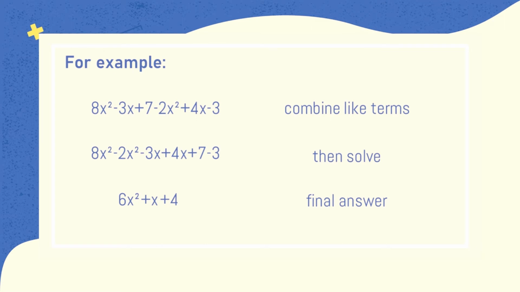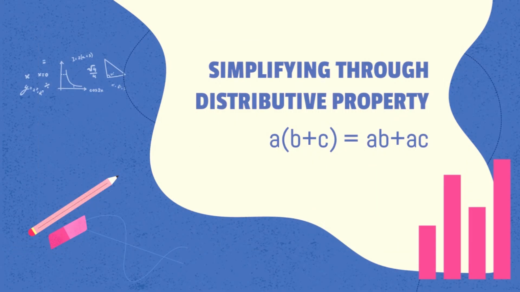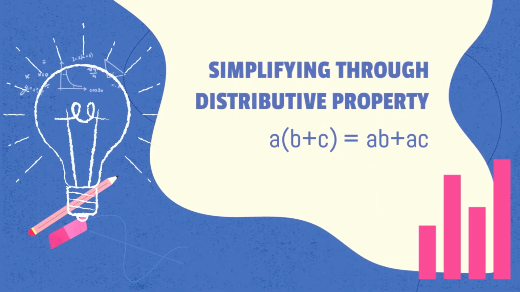Sometimes there will be a set of parentheses that makes simplifying an expression a little bit difficult. So here's another way: distributing, or the distributive property. Using this property, we multiply the term outside the parentheses by each term inside the parentheses. a open parenthesis b plus c close parenthesis is equal to ab plus ac.